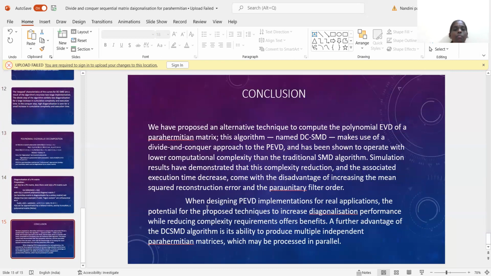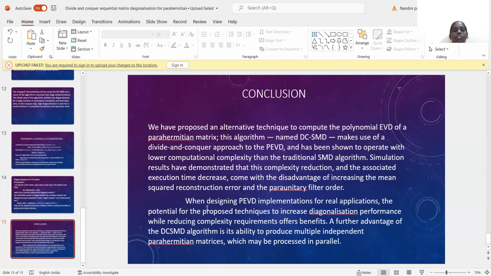Conclusion. We have proposed an alternative technique to compute the polynomial EVD of a para-Hermitian matrix. This algorithm, named DC-SMD, makes use of a divide and conquer approach to the PEVD and has been shown to operate with lower computational complexity than the traditional SMD algorithm.